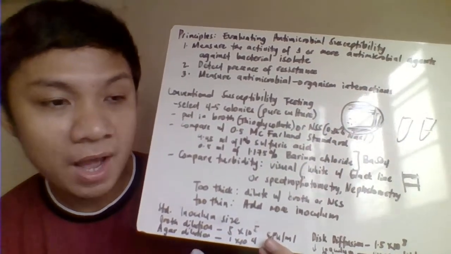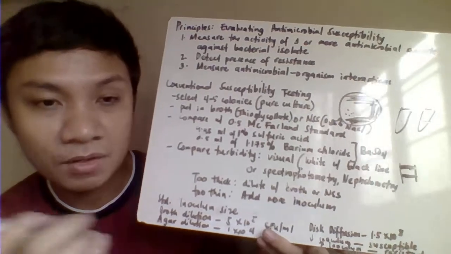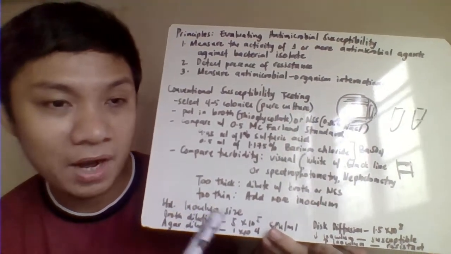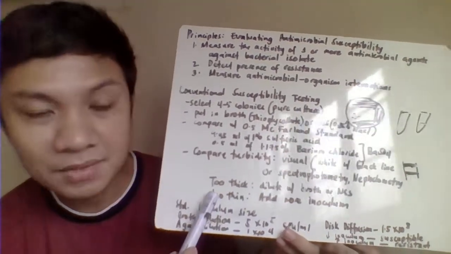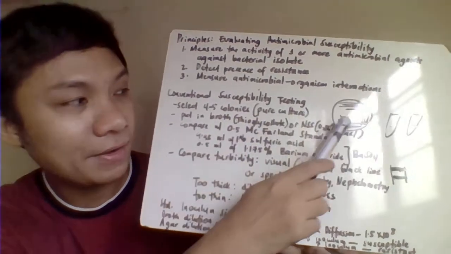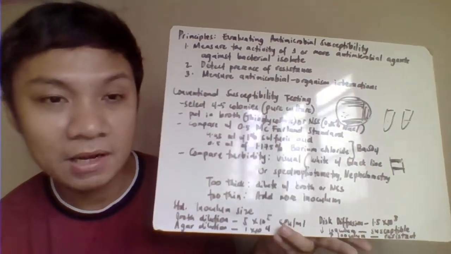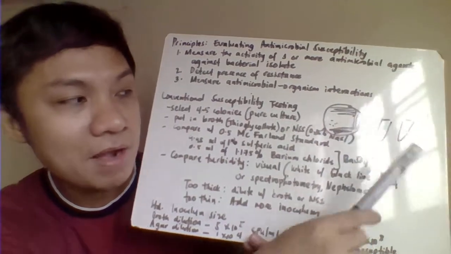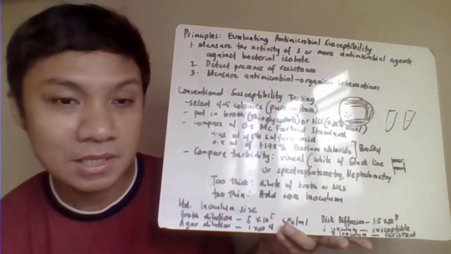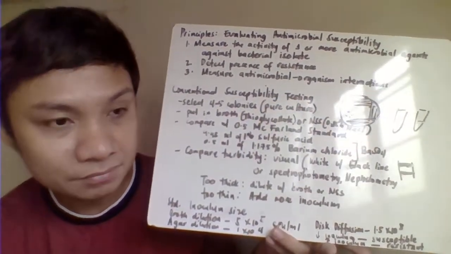You can dilute by adding more NSS or more broth medium. If it is too thin, you take more bacterial inoculum and wait until its turbidity matches your McFarland standard.